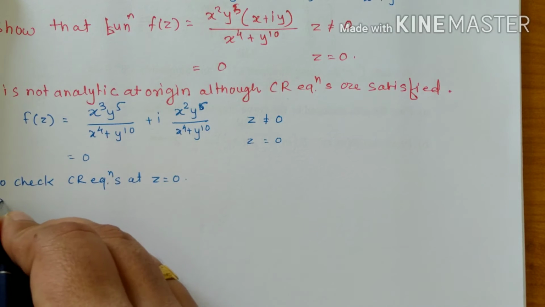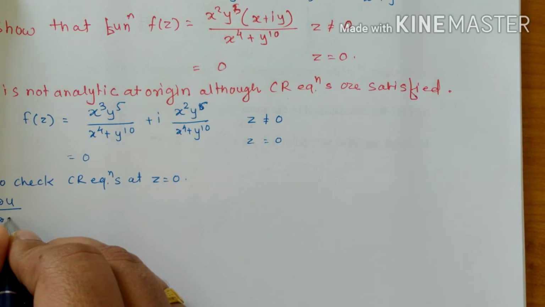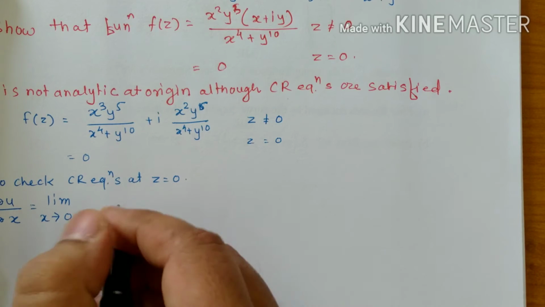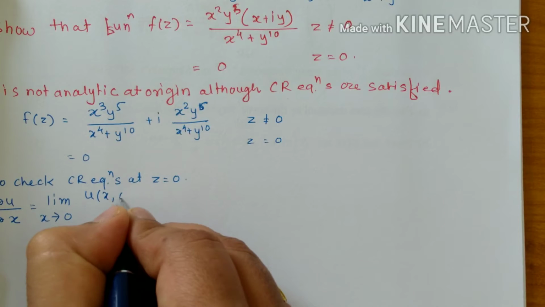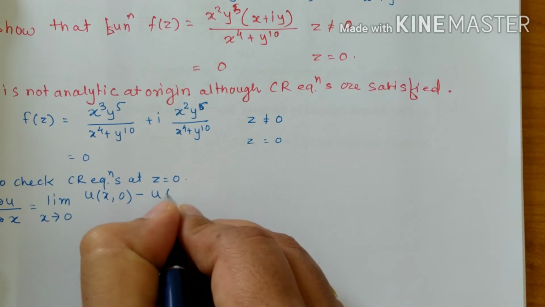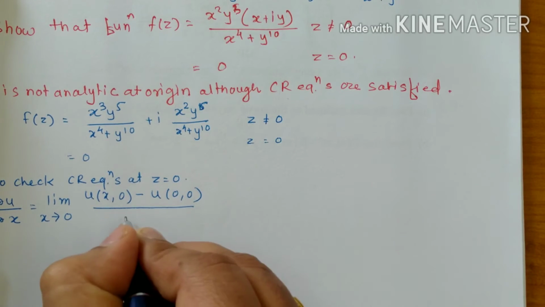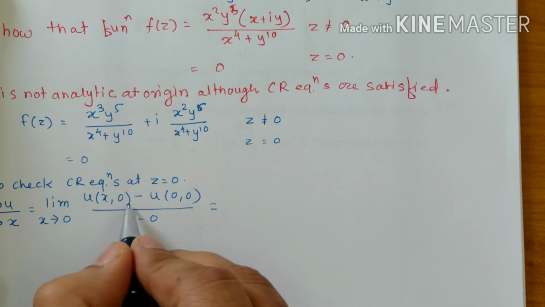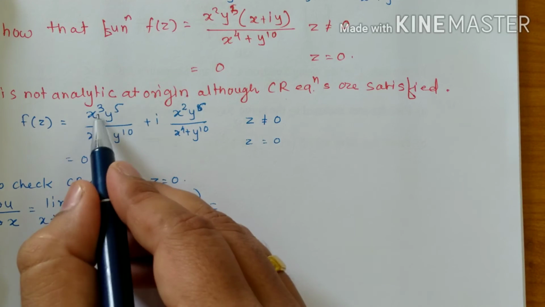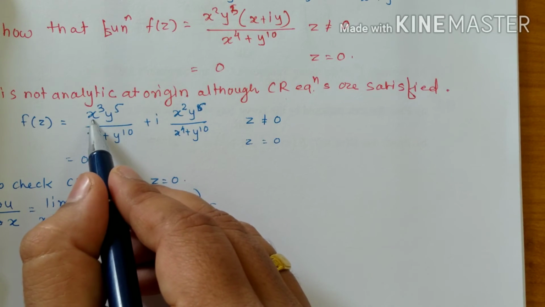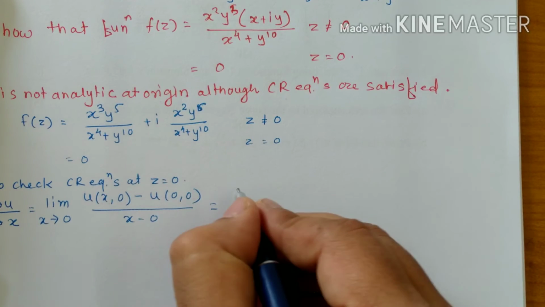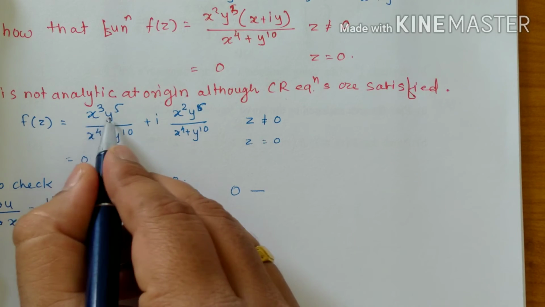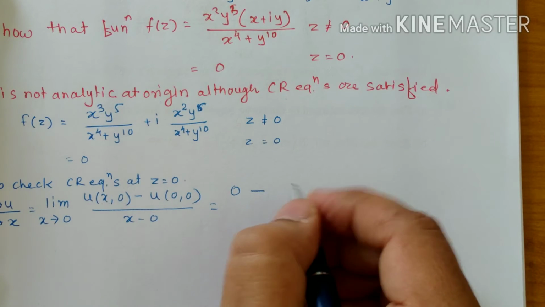So I will follow the definition of the partial derivative, hence ux as limit x tends to 0 of u(x,0) minus u(0,0) divided by x minus 0. So for u(x,0), when x is as it is and y is 0, when I substitute x equal to x and y equal to 0, the entire term becomes 0, minus u(0,0), if I substitute x and y both 0, we get zeros there.